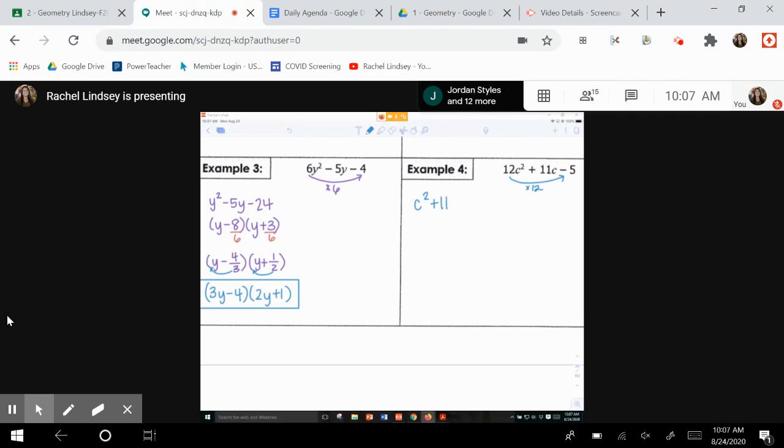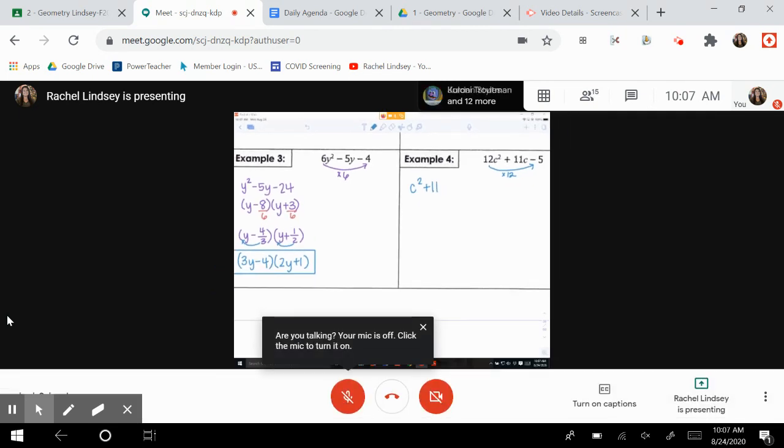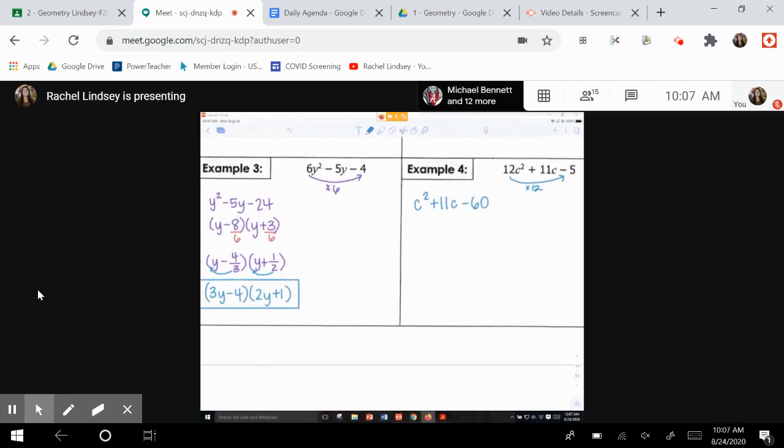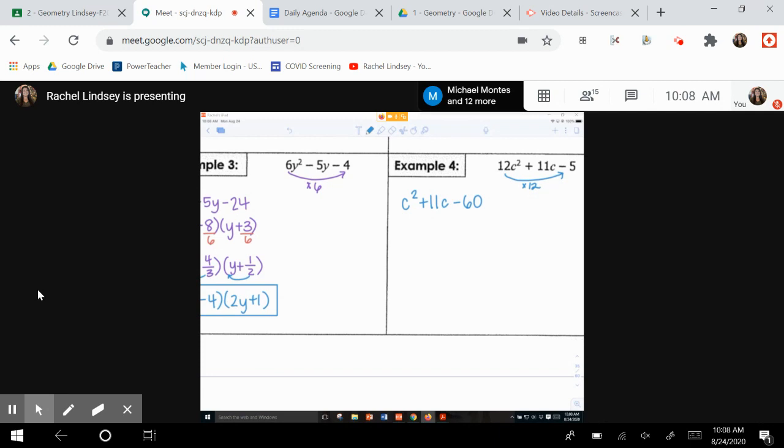And negative 5 times 12 is what? Negative 60. Okay, what two numbers multiply to give you negative 60 and add to give you 11?